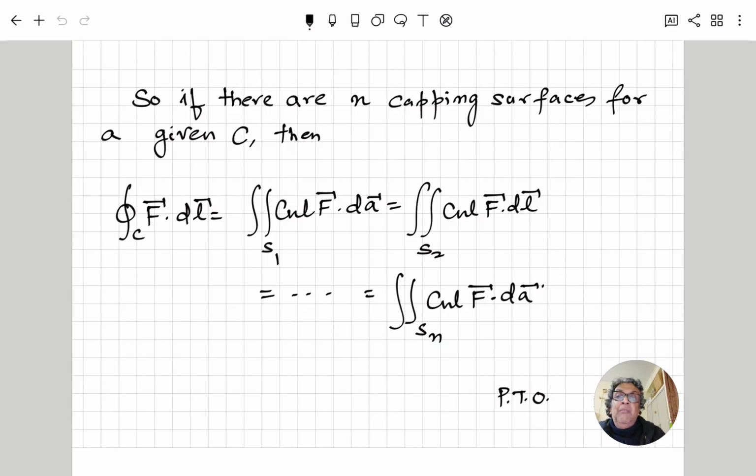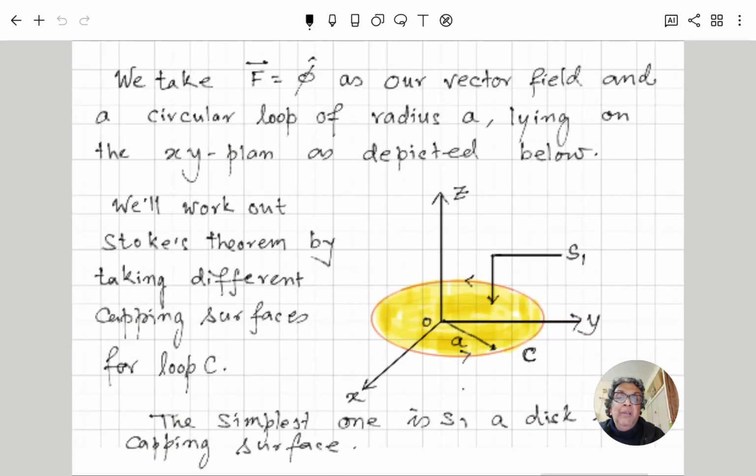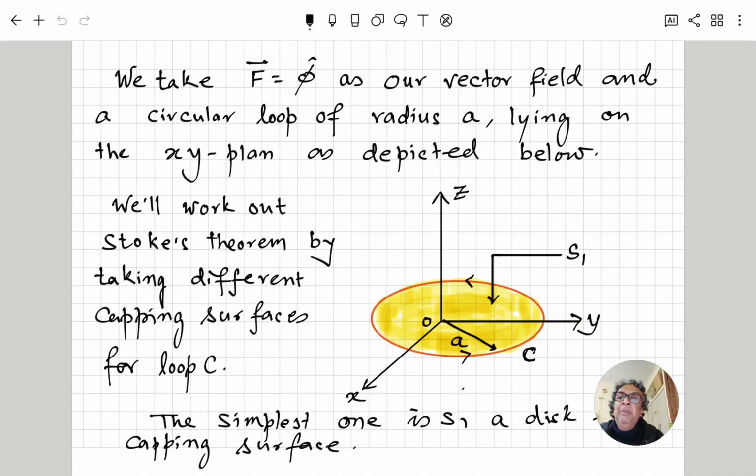So now we will take a very simple and one of my dearest vector fields, F simply equal to phi cap, phi cap being the unit vector of the cylindrical or spherical system, with azimuthal variable that goes from 0 to 2 pi.